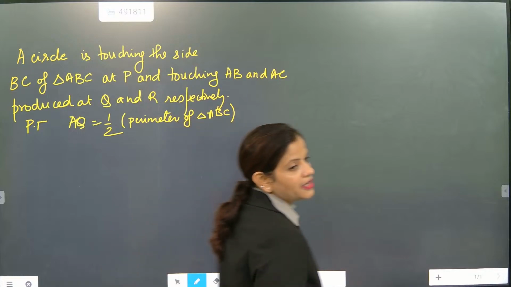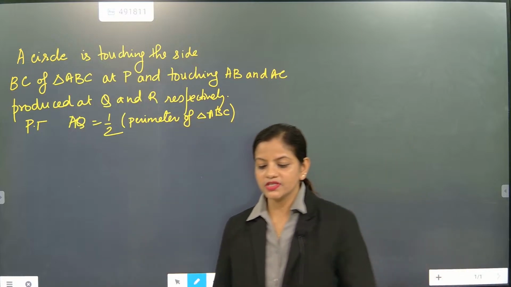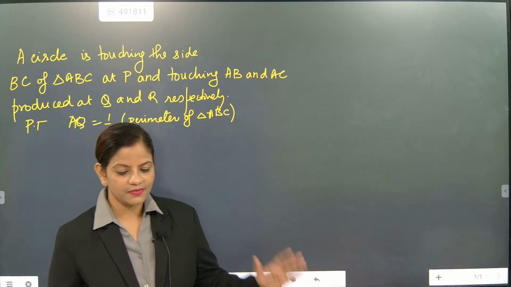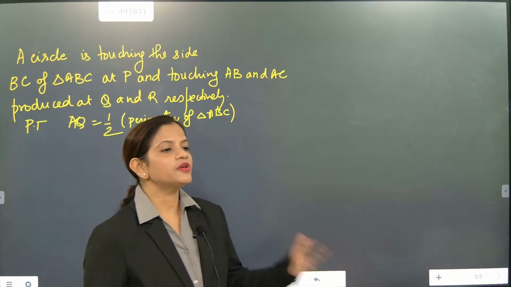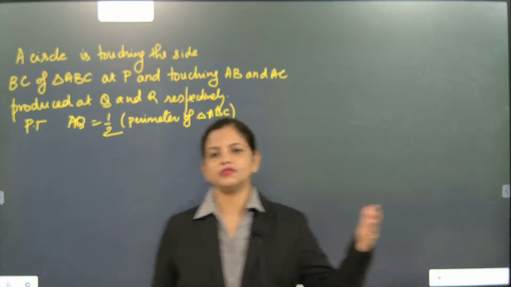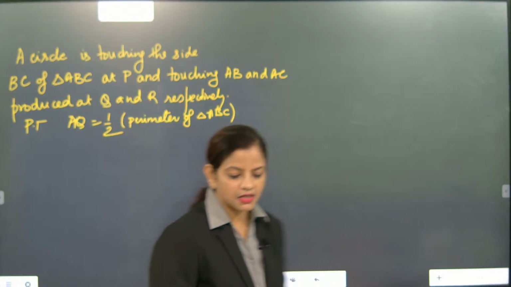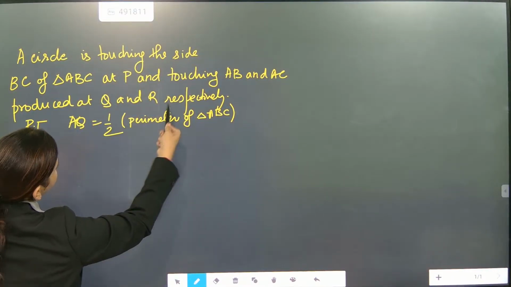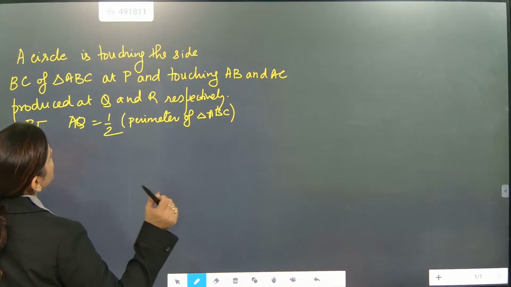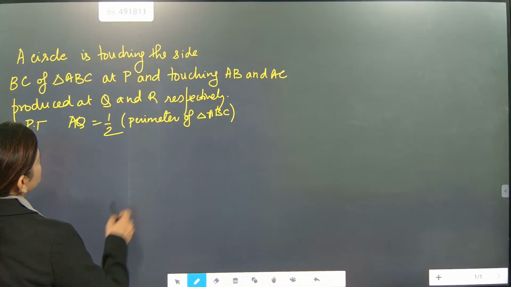Come on, let's start. See here what the question is, exactly. So now listen, if somebody asks you, a circle is touching the side BC of triangle ABC, and touching AB and AC produced.